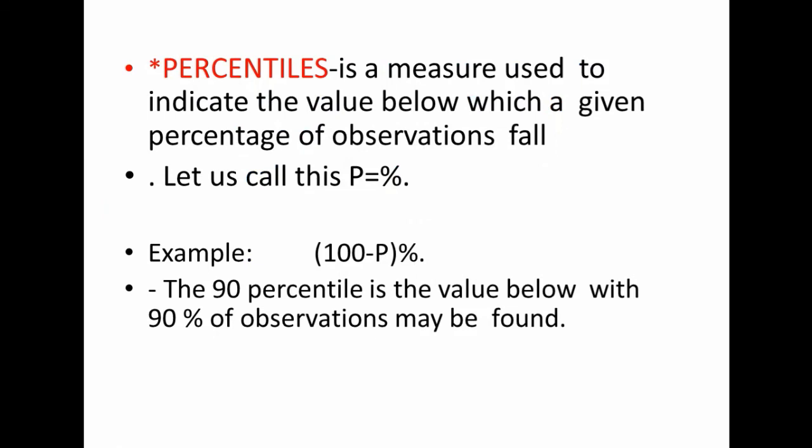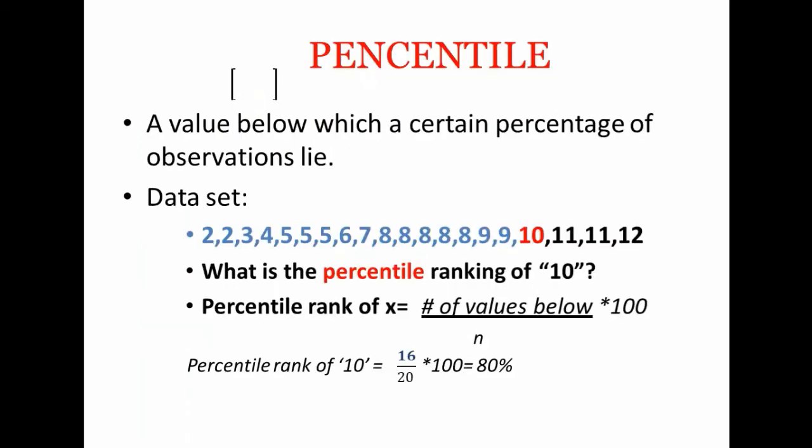A percentile is a measure used to indicate the value below which a given percentage of observations fall. For example, the 90th percentile is the value below which 90% of the observations may be found. A percentile is a value below which a certain percentage of observations lie. Take a data set, for example: what is the percentile rank of 10?